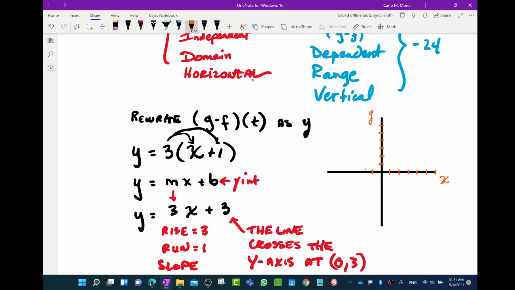It's not perfect. Doesn't matter. Okay, so what I'm going to do first is plot my y-intercept.